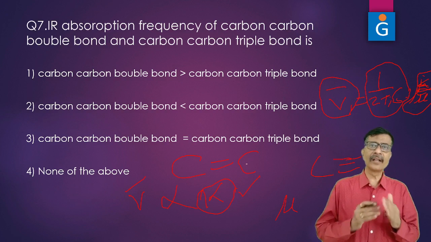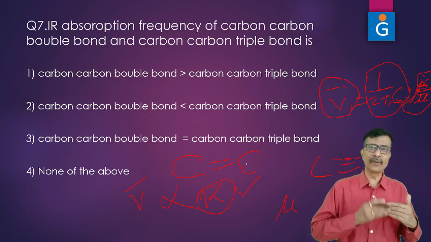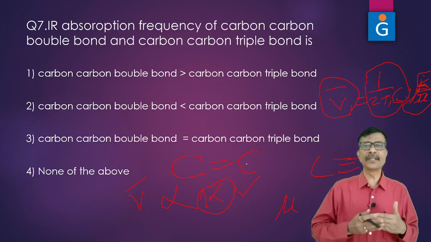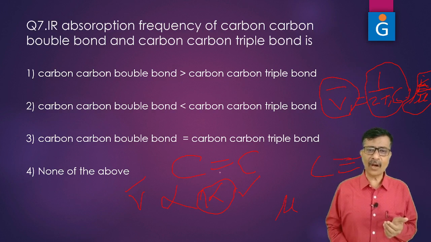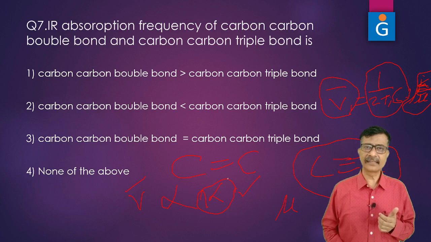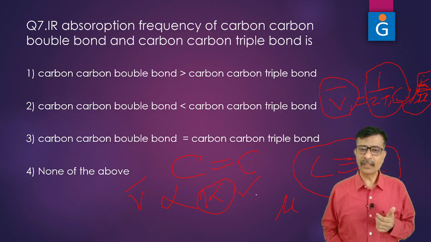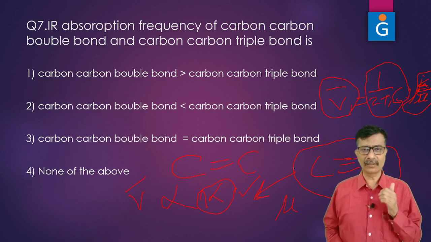If bond order is higher, force constant is higher, natural vibrational frequency is higher and IR absorption frequency will also be higher. Now if you compare the bond order between carbon-carbon double bond and carbon-carbon triple bond, the carbon-carbon triple bond is higher bond order than this. So when bond order is more, force constant will be more, natural vibrational frequency will be more and IR absorption frequency will also be more.